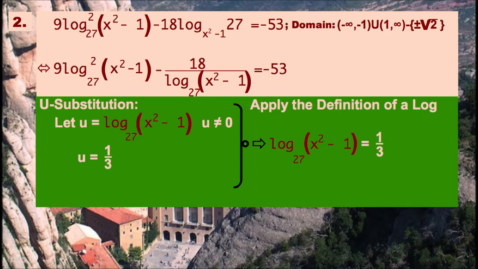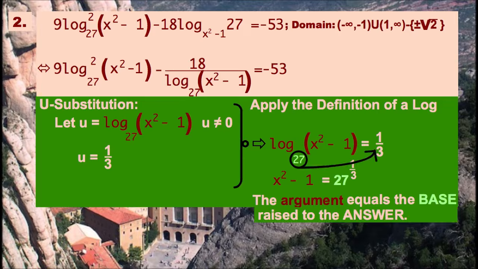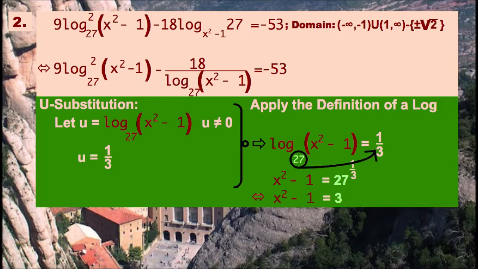By applying the definition of a log, the argument, x squared minus 1, equals the base, 27, raised to the answer, 1/3. Now, that leaves us with the equivalence statement, x squared minus 1 equals 3, which is equivalent to x squared equals 4.